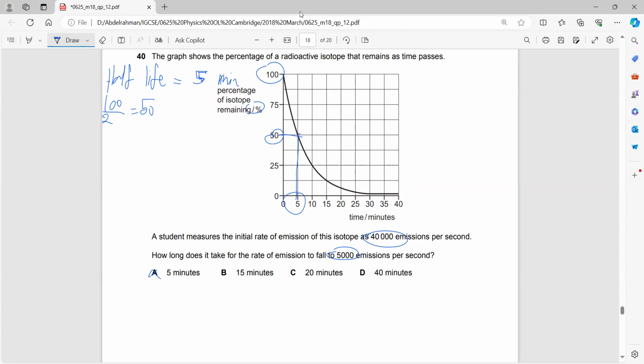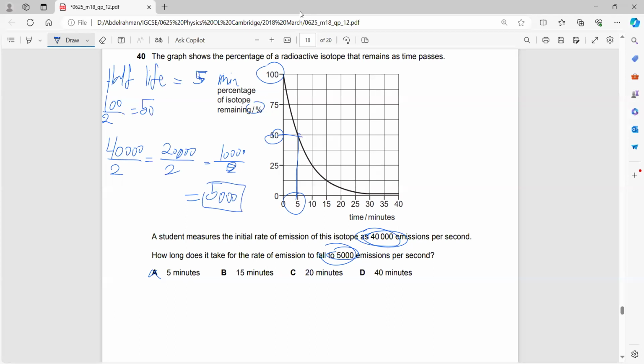He's asking how long it will take for the 40,000 to drop to 5,000. What should we do? We should just keep on dividing by 2. 40,000 divided by 2 is 20,000. Again, divide by 2, 10,000. And when you divide by 2, it would be 5,000.